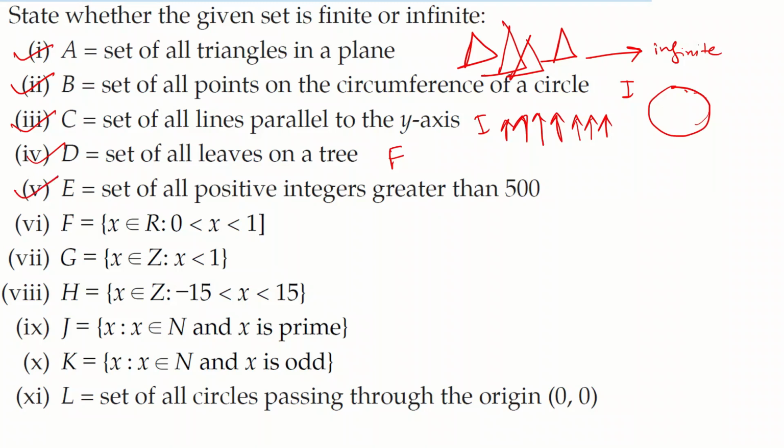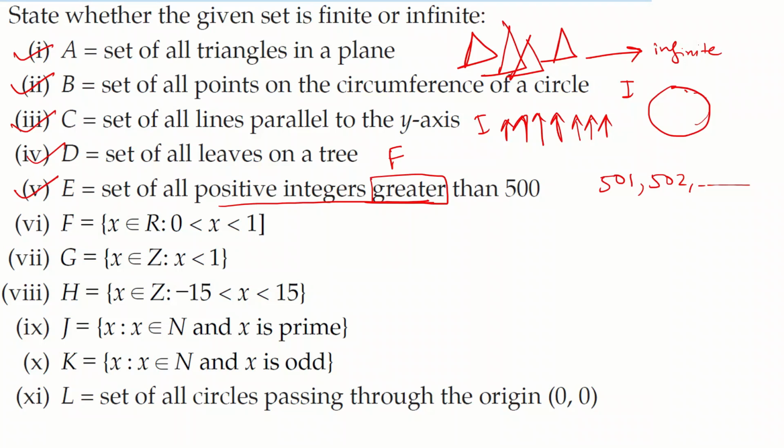Question number 5, set of all positive integers greater than 500. So what are the numbers that are greater than 500? 501, 502 and so on, and you can go on and on. There is nobody stopping you. You have to take all the positive integers that are greater than 500. So greater than 500 is 501, 502, 9000, 9001, 10,063, 1,77,895, and any number that is greater than 500 as an integer will be belonging to this set.